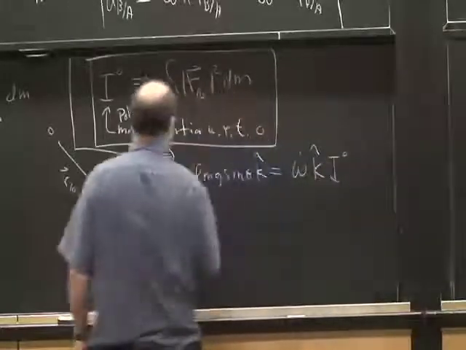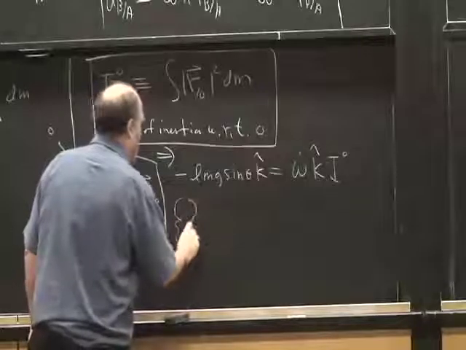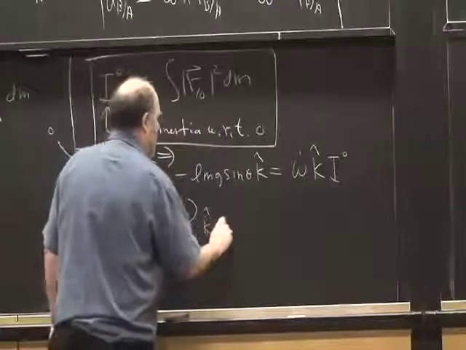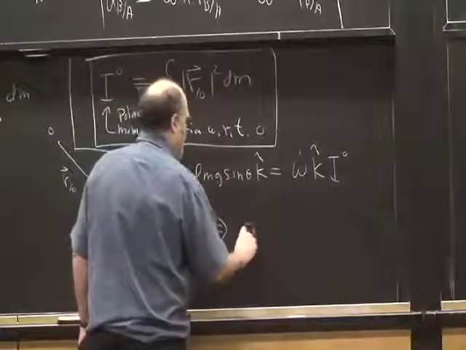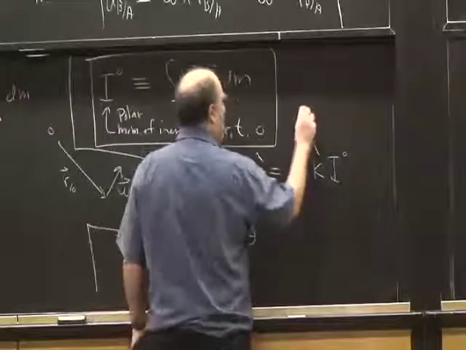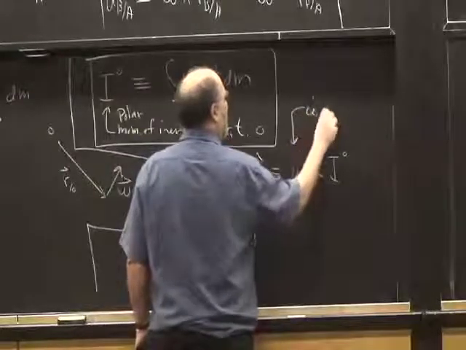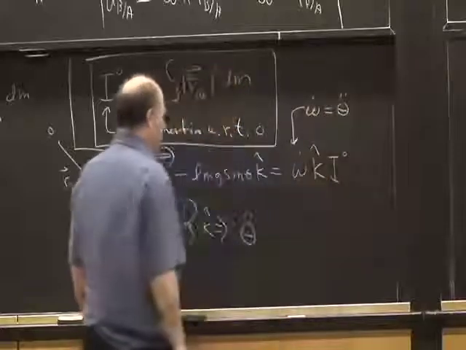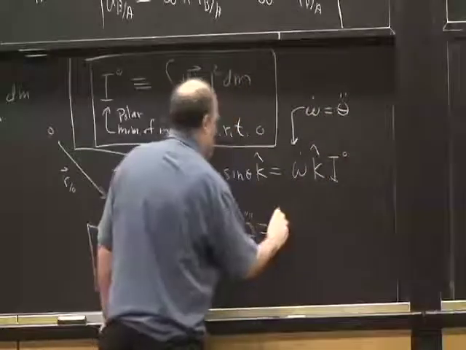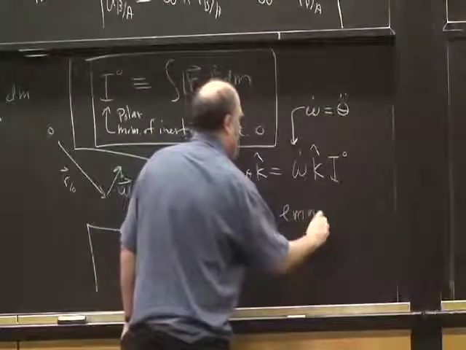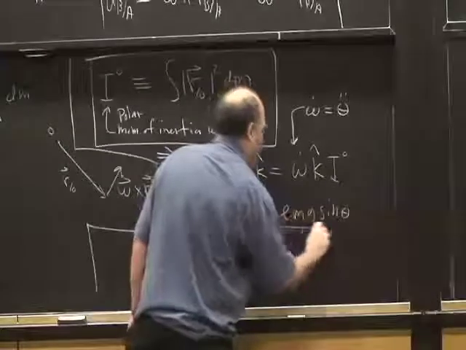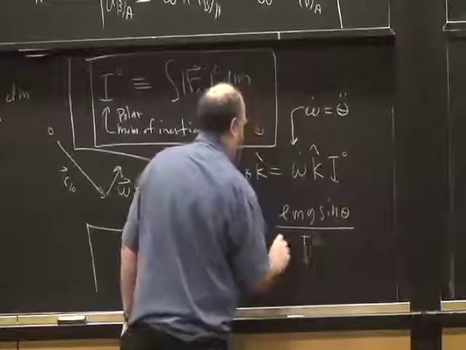And we can dot both sides with k, and then we can get theta double dot. Why theta double dot? Because omega dot is theta double dot, which is equal to minus L m g sine theta divided by I0.